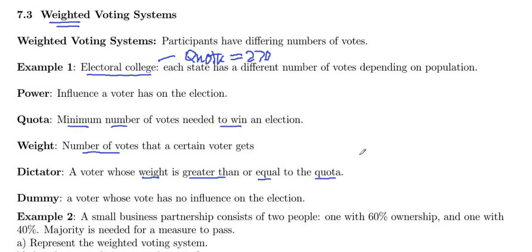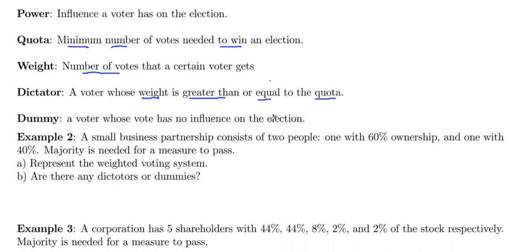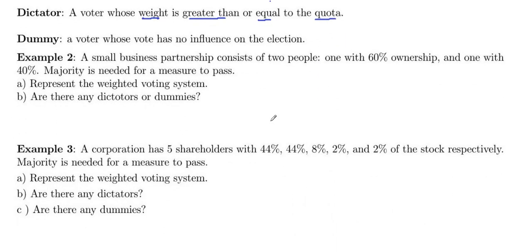So no dictator states in the U.S. And then a dummy is a voter whose vote has no influence on the election. They may have a positive number of votes, like 1 or 2, but there's no scenario where they could help anybody win or withhold their vote to make them lose.